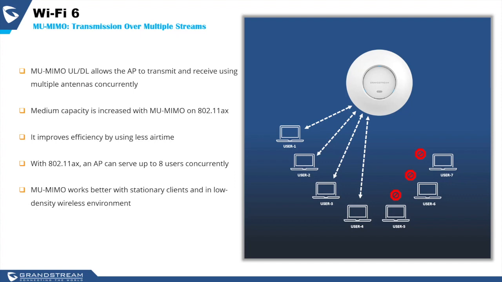For example, we have the GWN 7664 in this image, and it has 4 antennas and 4 spatial streams, which makes it able to use multi-user MIMO technology to simultaneously communicate with up to 4 wireless clients because it has 4 spatial streams.